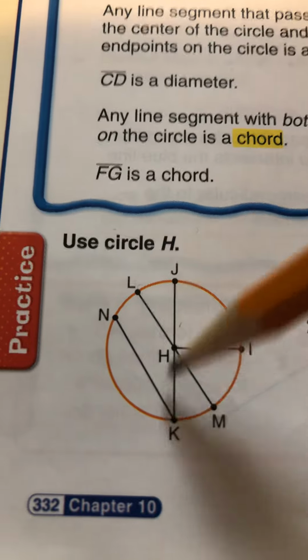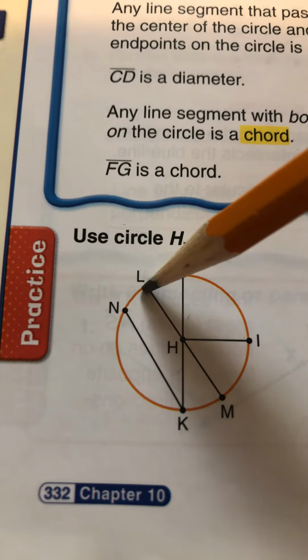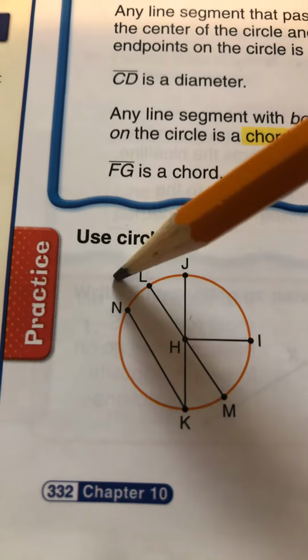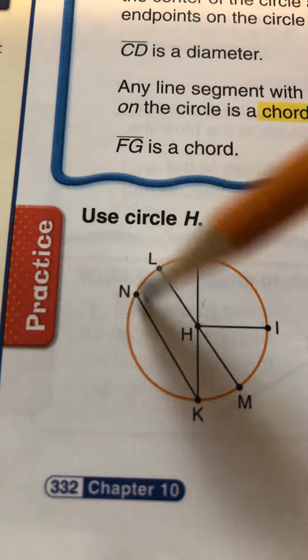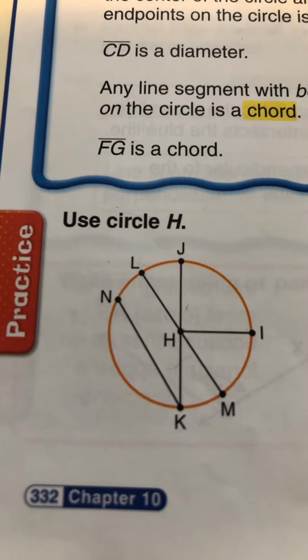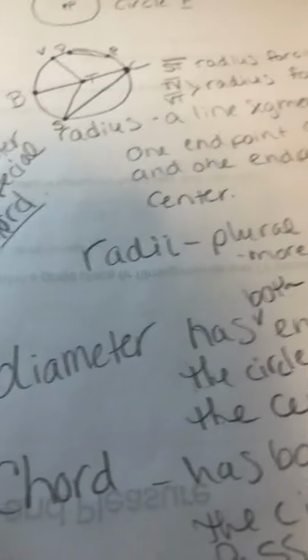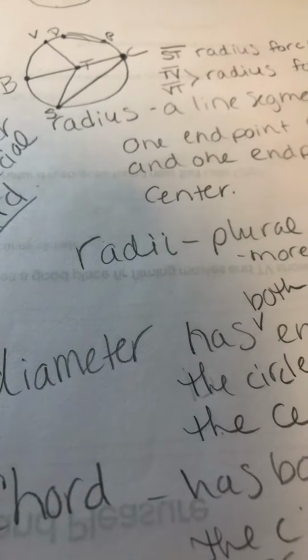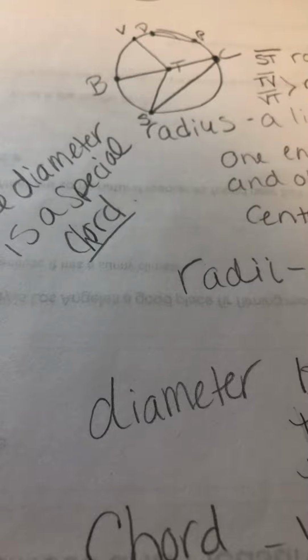So KJ is a chord, ML is a chord, KN is a chord, and KN is not a diameter. So I'm going to adjust our definition here and say that the line does not have to pass through the center.